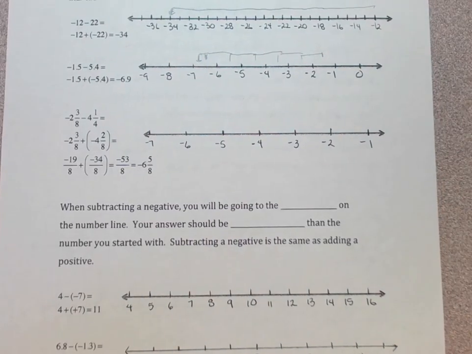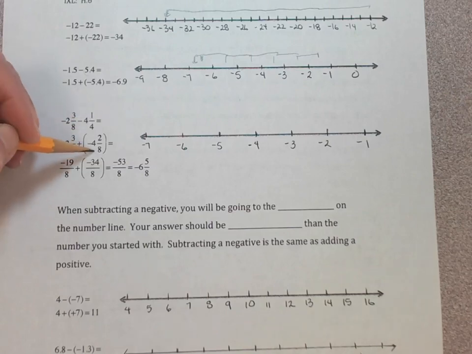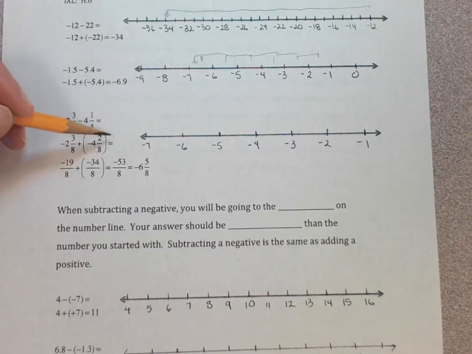Then the last one is going to be our fractions here. Again, because we're subtracting a positive, we're going to add a negative. We're going to get common denominators. We're adding two negatives, so we're going to find the total sum. If you want to, you could just add your whole numbers and add your fractions in this case.